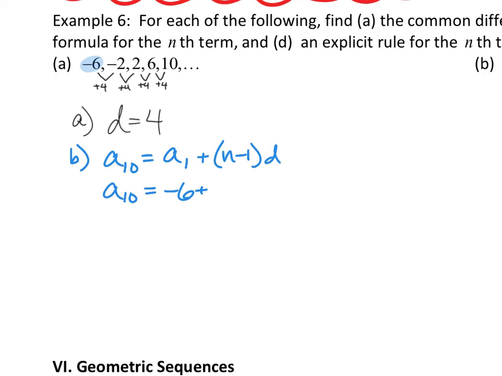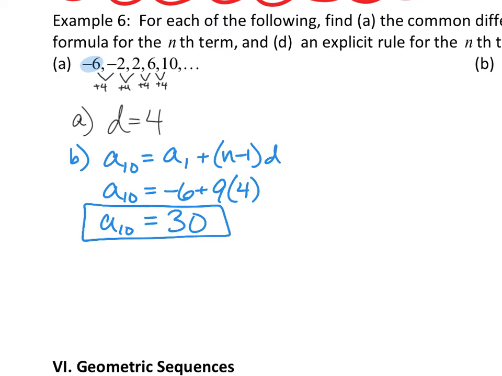Well, we're on term 10, so 1 less than 10 is 9. And then we already know our d value, which is 4. So just plug that into a calculator: negative 6 plus 9 times 4 is negative 6 plus 36, which is 30. So a sub 10 is 30. That would be the 10th term in the sequence. I didn't have to find all the terms leading up to it because we used the explicit formula.